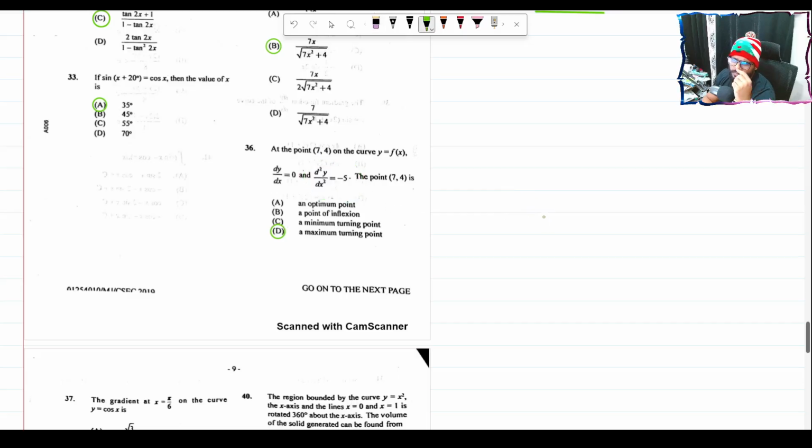Where's that optimum point? That's interesting. What is an optimum point? Let me see. Right, so all of us are learning something today. Optimum point meaning. Mathematics, apparently it has plenty of meanings.